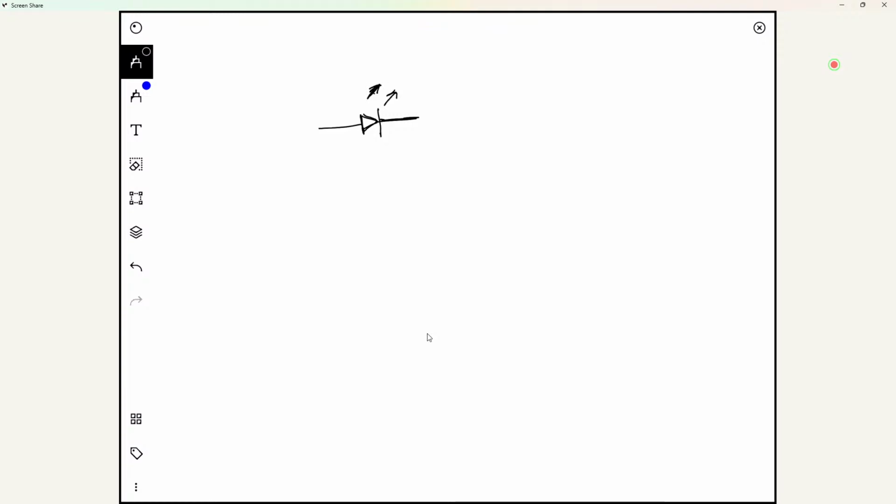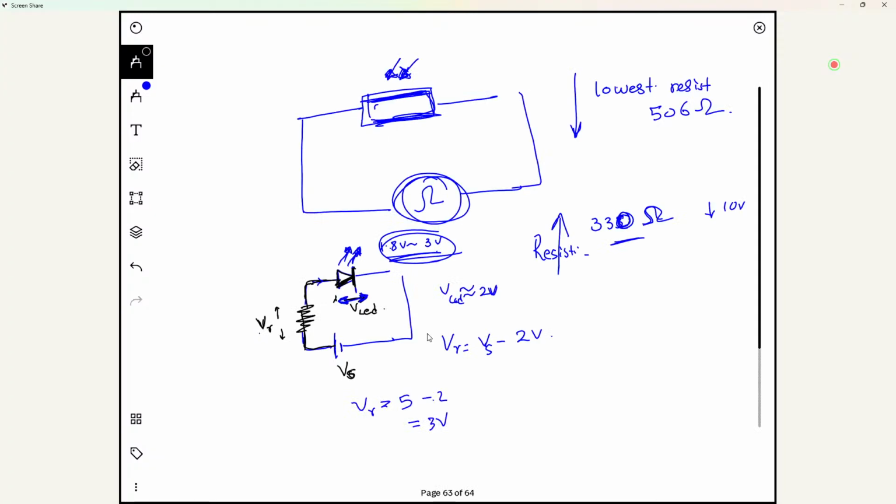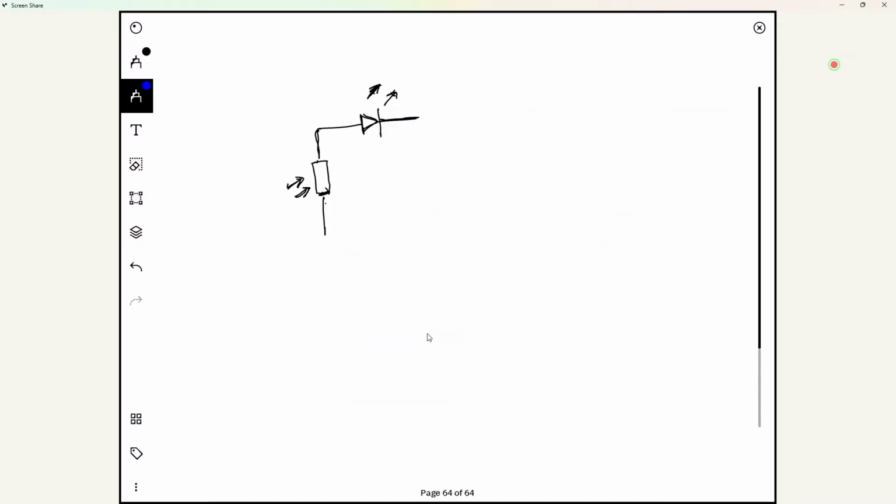As we experimentally found, the lowest resistance of the LDR was around 506 ohms. It is safe for us to put the LDR in series. So we do not require an additional series resistor because our LDR is acting like a series resistor and its lowest value, R low, let's say, is around 500 ohms, which is perfectly safe.